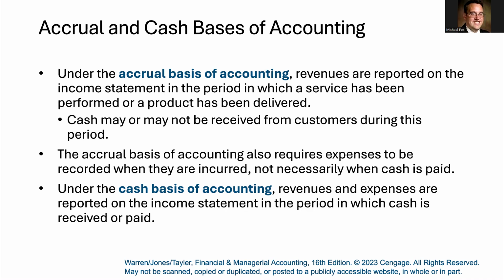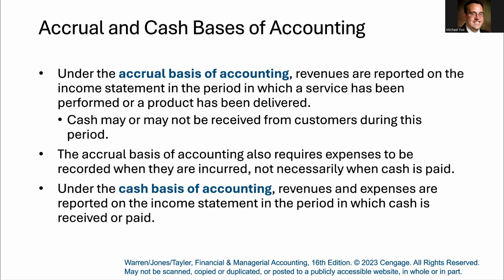So instead, what we are required to do by GAAP, which I mentioned briefly in chapter one, generally accepted accounting principles, those are the rules that you have to follow as an accountant, is we have to follow what's called the accrual basis of accounting, which is we record revenue when we earn it, regardless of when we actually receive it.